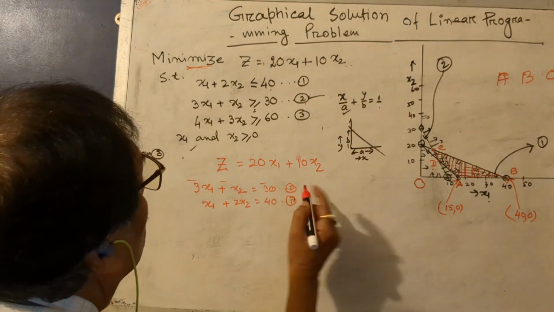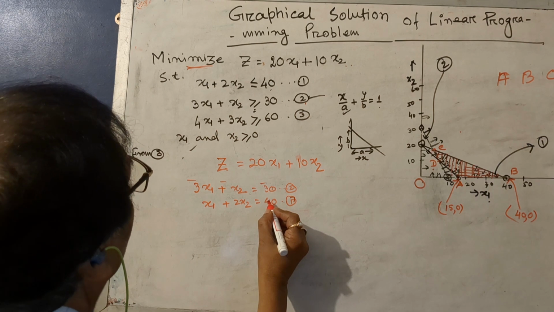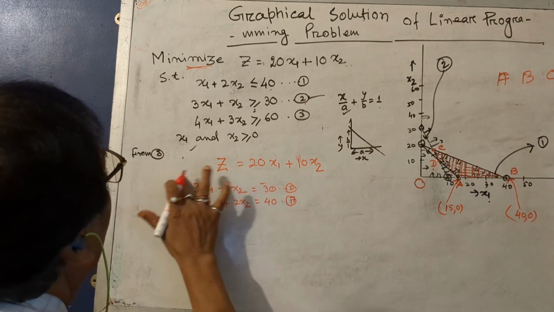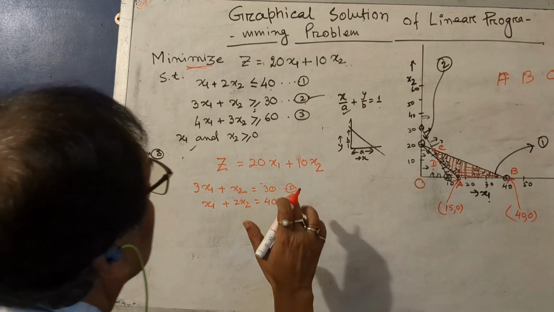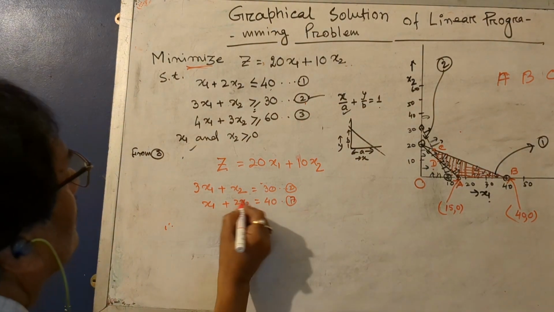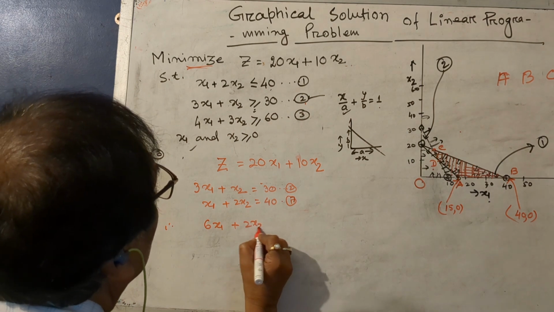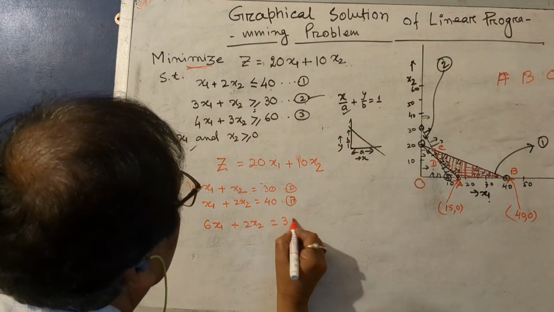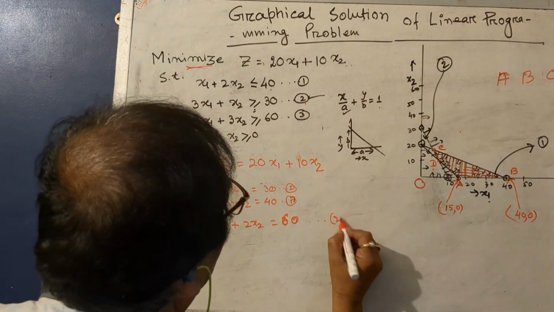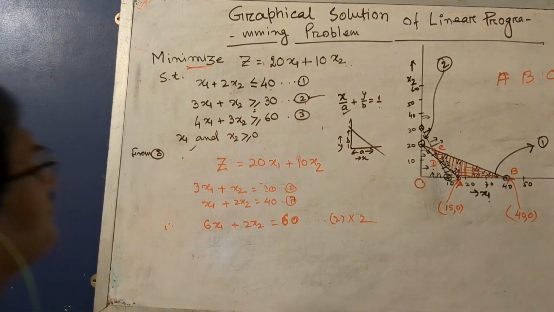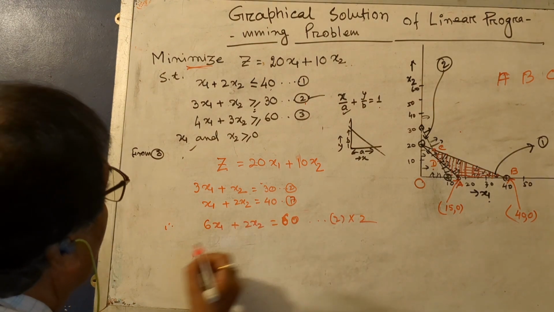Multiply equation 2 by 2 and then subtract 1.